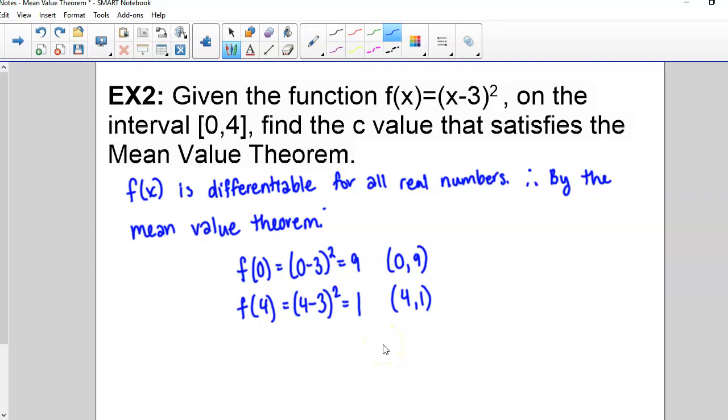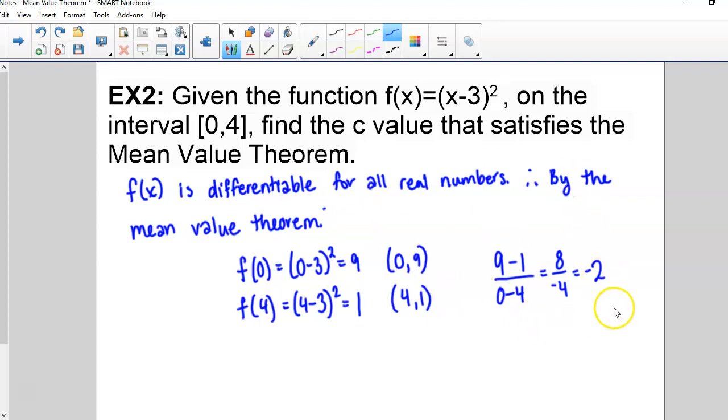And so our average rate of change of this graph would be 9 minus 1 over 0 minus 4. So I would get 8 over negative 4, which is negative 2. Alright, that's my average rate of change.